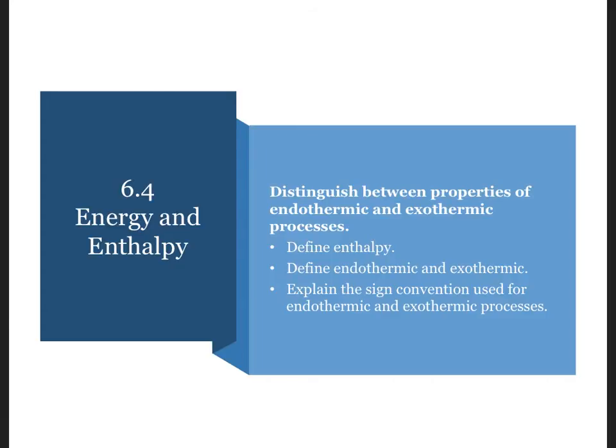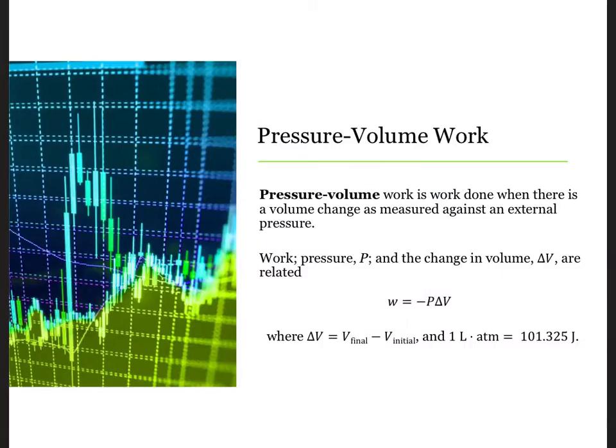Let's begin. We saw previously that the formation of a gas from a chemical reaction can be used to push a piston in the system. We can calculate the amount of work done by multiplying the pressure in the system by the volume change.